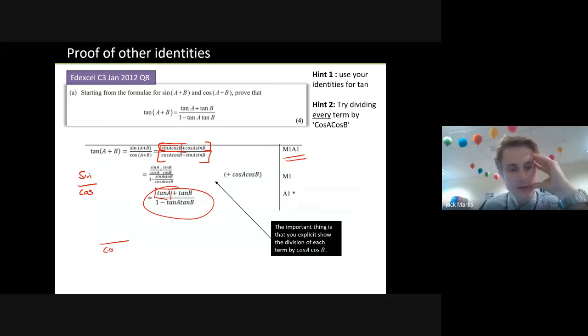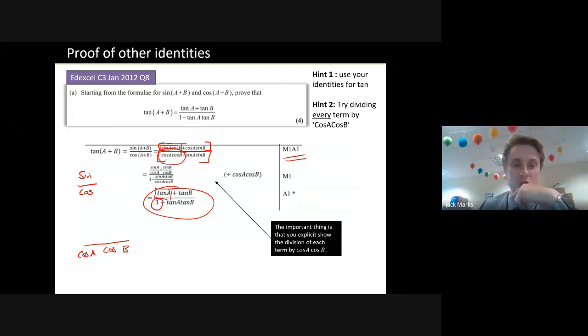When I say disappear, I really mean you need to divide by it. Sine becomes tan, so you need to divide also by cos A, so sine A cos A. So if that first term were divided by this, that would work, wouldn't it? But there's an even easier way to see it. Look at this one here in the bottom left.